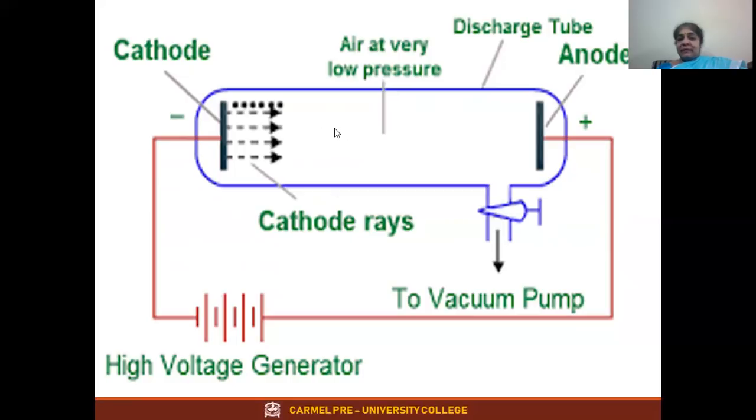Then what do you observe? Potential is high, pressure is low. You can see the rays originating from the cathode. These rays are slowly moving towards the anode.